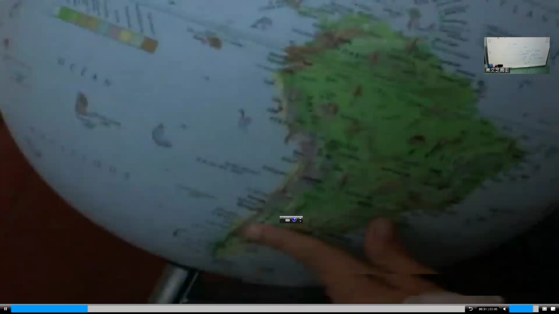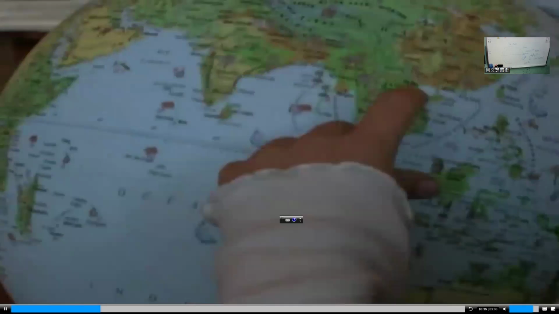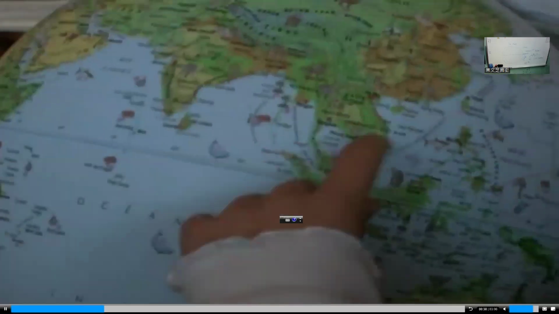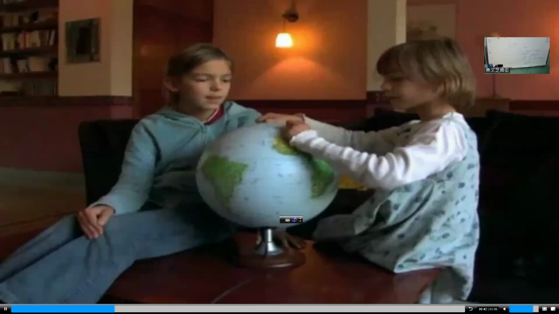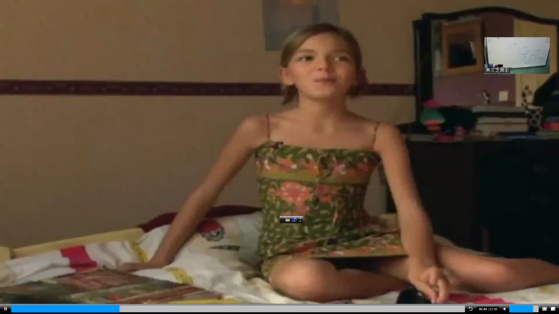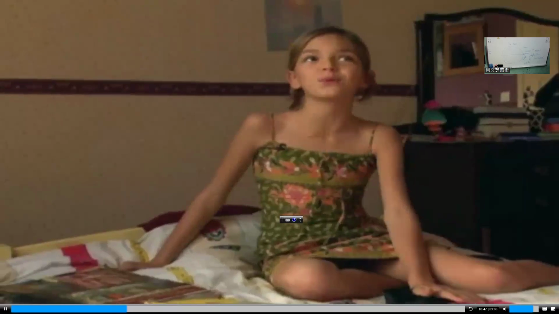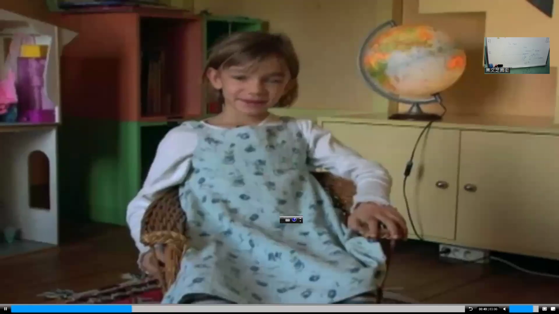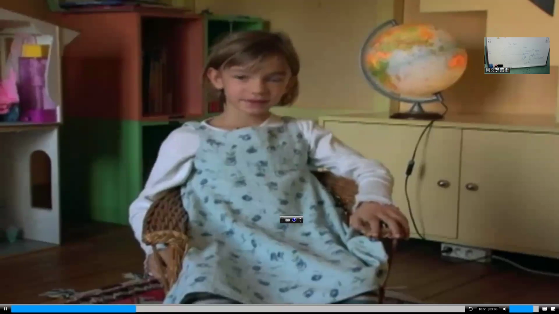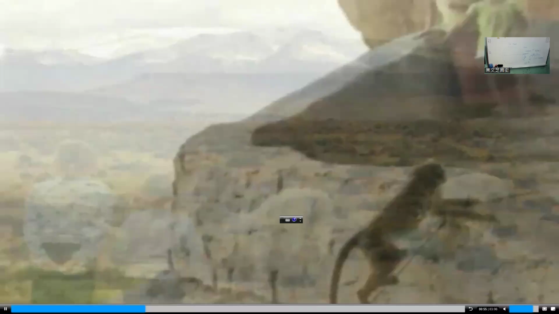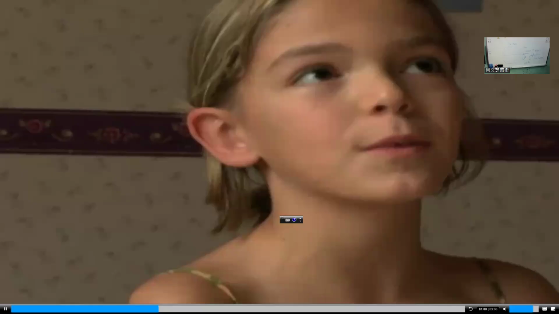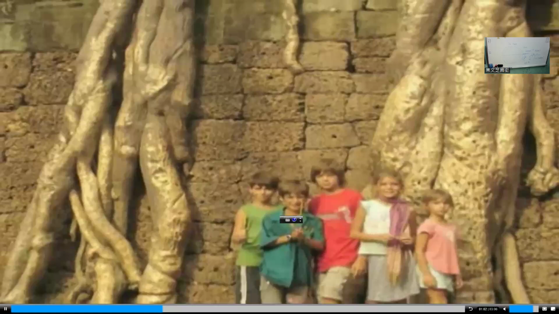Next, we went to New Zealand. Later, we went to Thailand, Laos, Vietnam, and Cambodia. Then, we went to India. Finally, we came back home to France. When my parents told me about this trip, I was excited, but a little nervous. I was excited to go on the trip. I was looking forward to the airplane rides, and I really wanted to see animals around the world. I loved the scenery, especially in Cambodia and Bolivia.